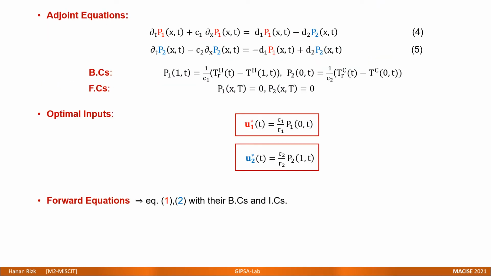Now we obtain the necessary optimality condition of the optimal control problem for the heat exchanger system we handle, which are represented in the adjoint equations with their boundary conditions and the final conditions, and the optimal inputs U1 star and U2 star, and the forward equations, which are represented by the temperature dynamics of the heat exchanger system with their boundary and initial conditions.